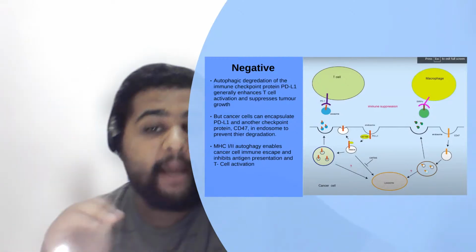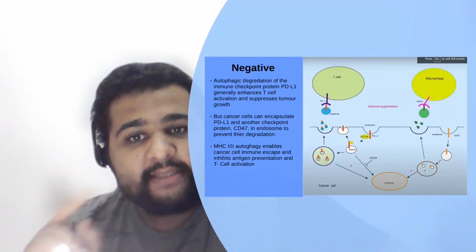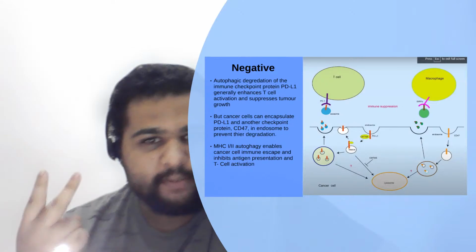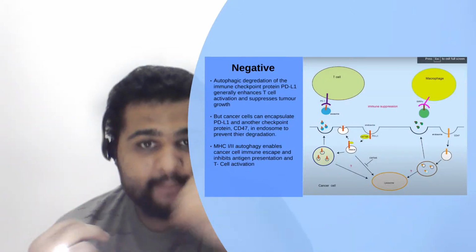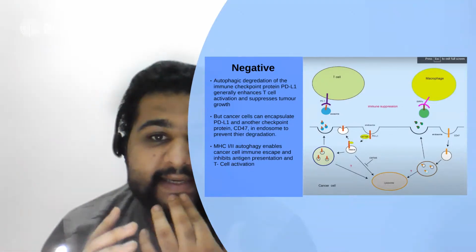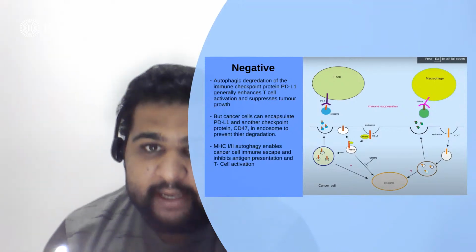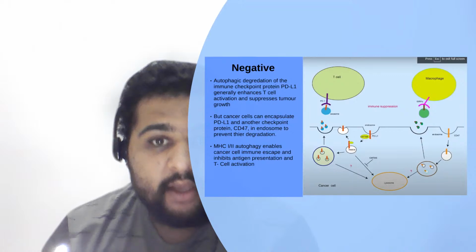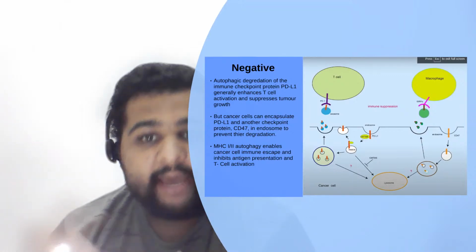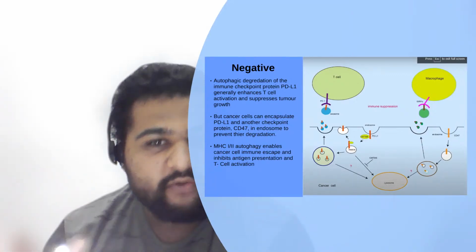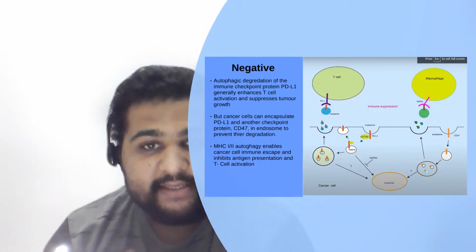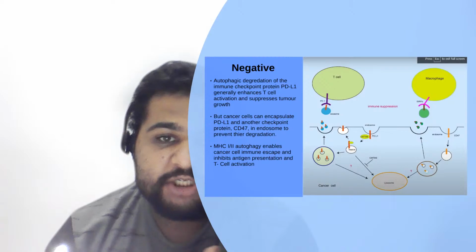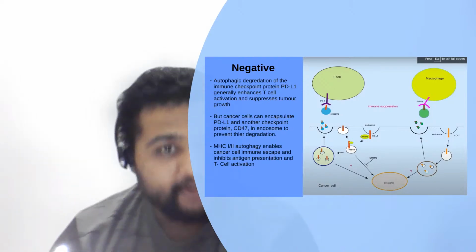But what happens is in cancer cells, PDL1 and another checkpoint protein, CD47, I think we discussed this a bit earlier, both of them get encapsulated in endosomes to prevent their degradation. And another thing is MHC1 and 2: autophagy enables cancer cell immune escape and inhibits antigen presentation and T cell activation, right?